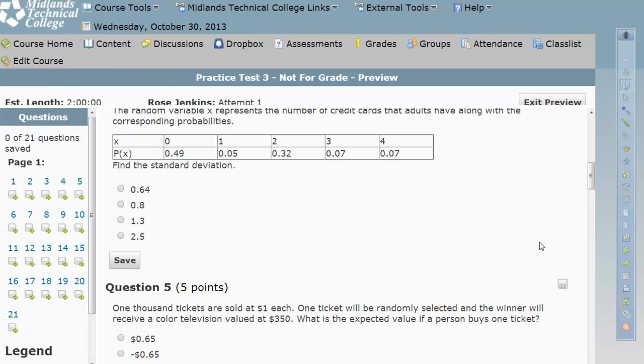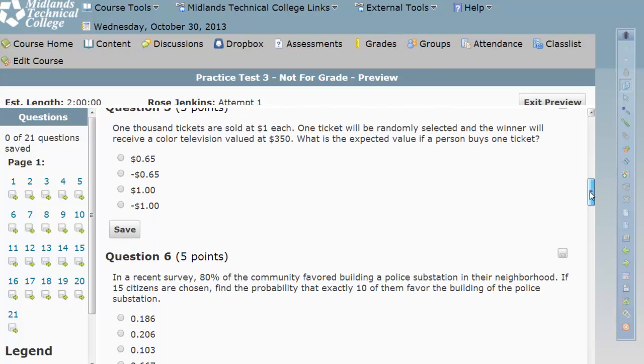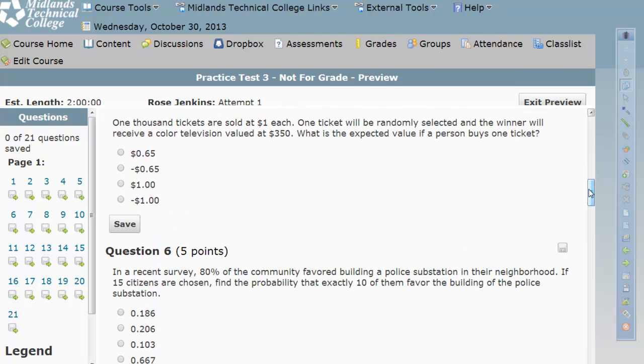Alrighty. Okay, with this next one, I think they ask us to find the expected value. But remember, with the expected value, we first have to come up with the probability distribution. So it says 1,000 tickets are sold at $1 each. One ticket will be randomly selected, and the winner will receive a color television valued at $350.